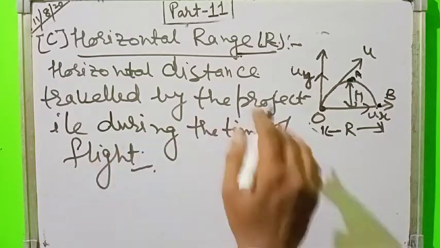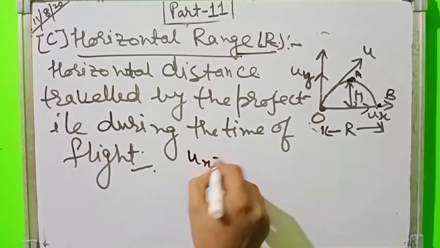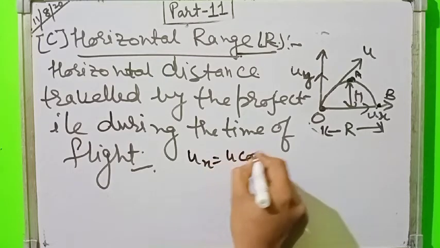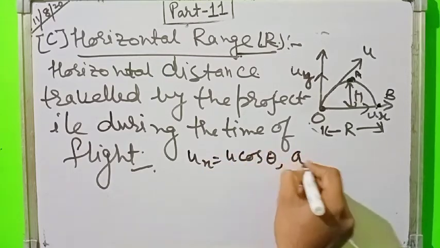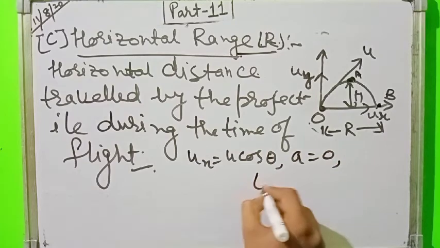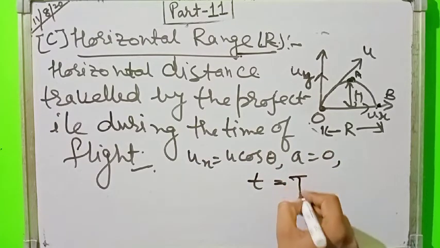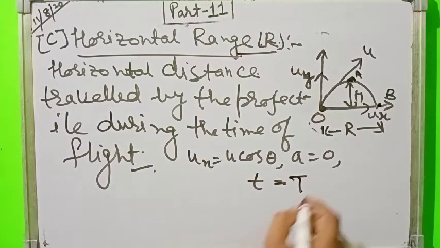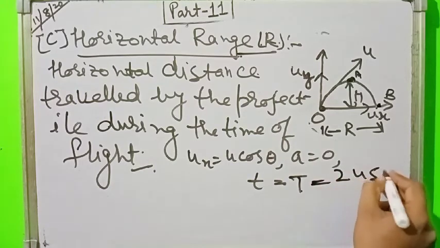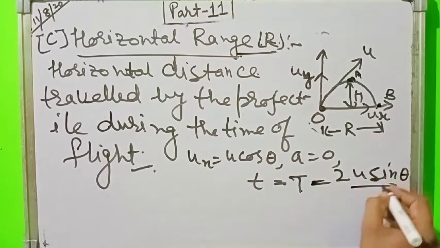So we have to talk for horizontal, then we can calculate initial velocity as u cos theta, acceleration a is equal to 0, t is equal to capital T, the total time, which is 2u sin theta upon g.